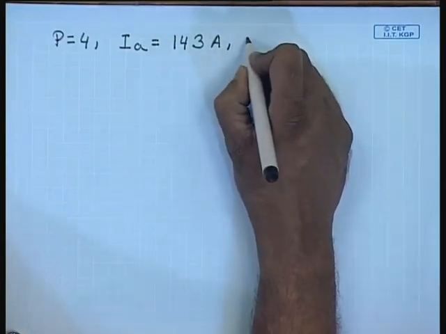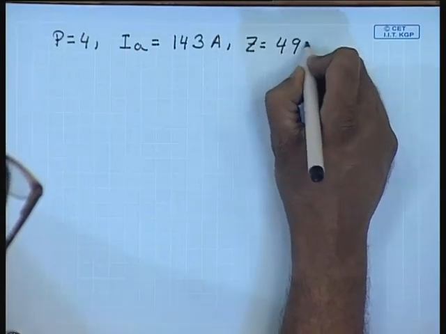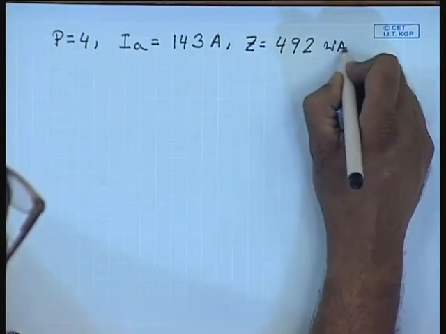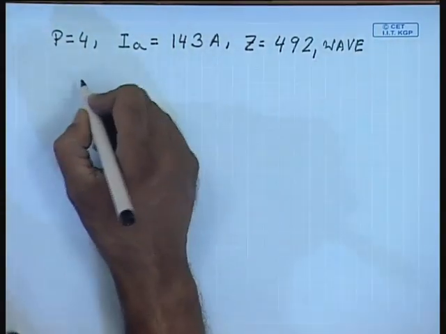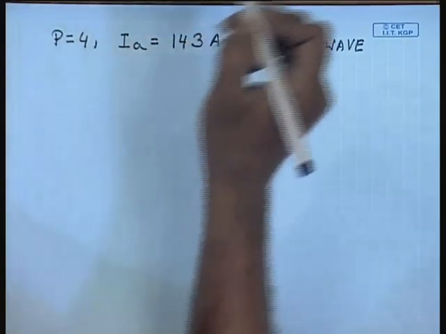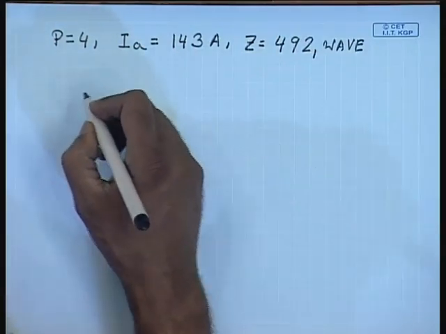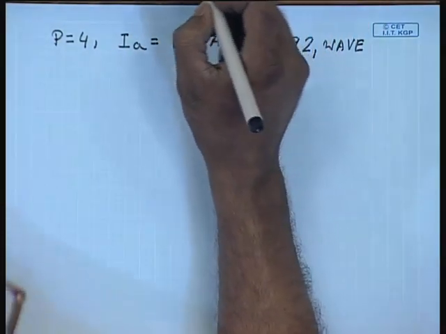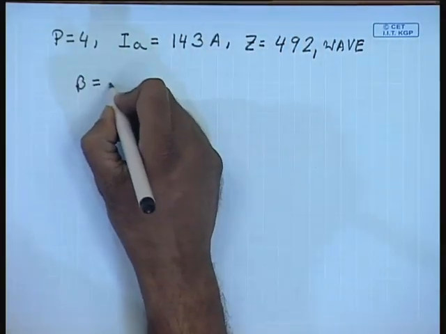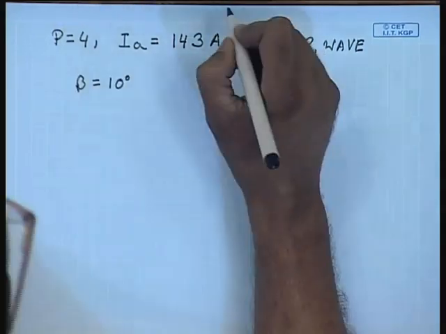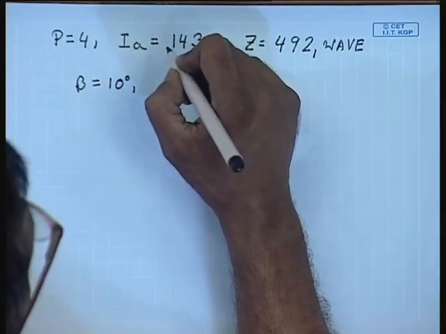There are total 492 wave connected conductors. In order to mitigate the commutation problem, a phase lead beta of 10 degrees is applied to the brushes. What will be the demagnetizing ampere turns?